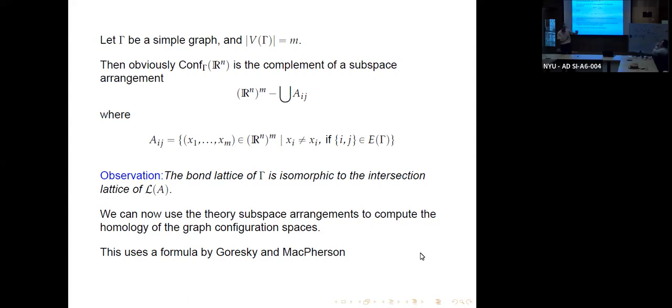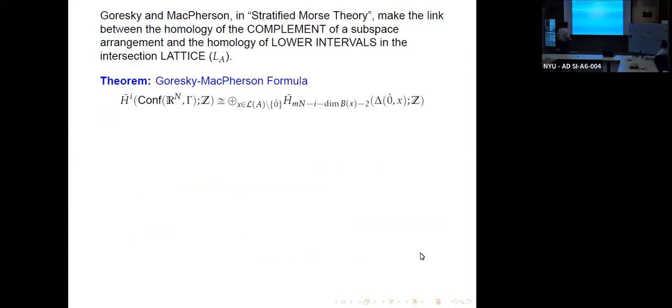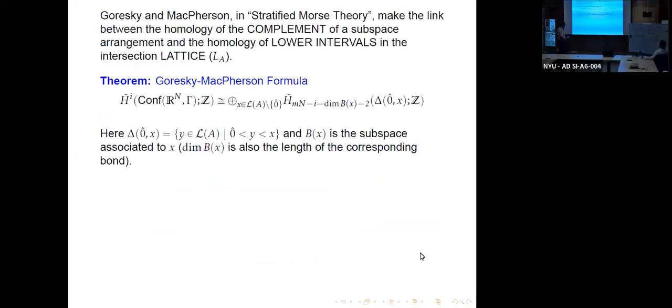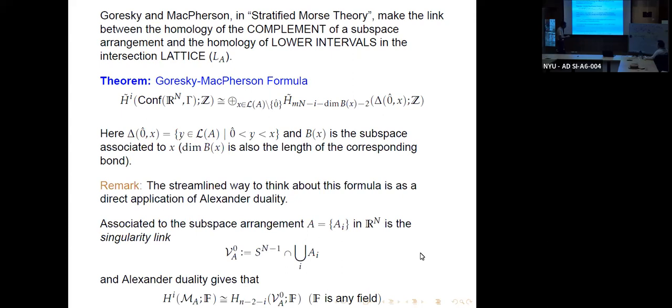Goresky and MacPherson tell you, if you have your poset of intersections, which, as I mentioned, is the same thing as the bond lattice, a lattice being a special kind of poset, sorry, sometimes I use lattice, sometimes poset, then you can get the homology of the whole complement from it.